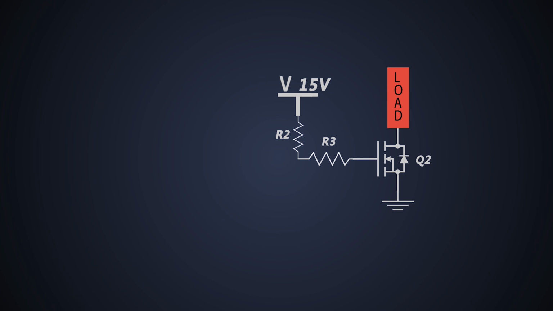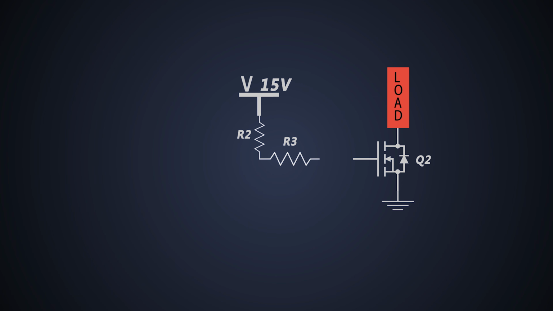But even if we keep the gate to source voltage below the maximum rated voltage, the stray inductance of the gate connection present in the circuit gets coupled with the gate capacitance of the MOSFET. Due to this, coupling voltage ringing occurs, which could lead to the destruction of the oxide layer of the MOSFET.